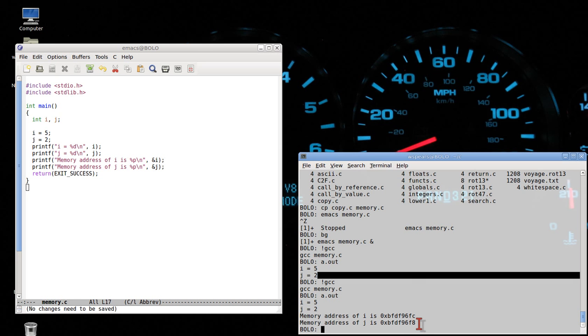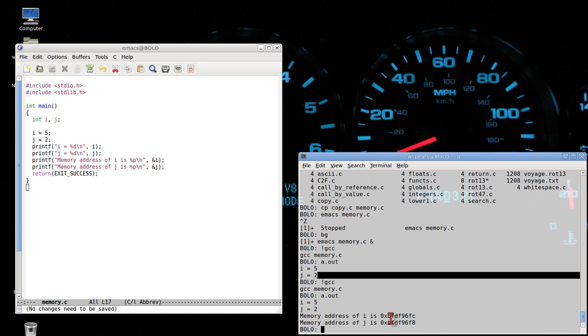Well, it's F8, and then F9, then FA, and then FB. 4 bytes are being used to store j. Well, a byte is 8 bits. We have 4 bytes, that's 32 bits, and that makes sense. That means that an integer is stored in 32 bits of memory. And that's precisely what we learned in an earlier lecture.